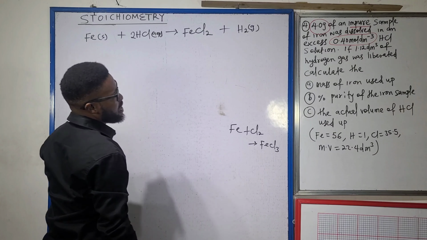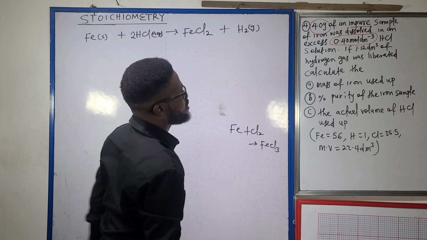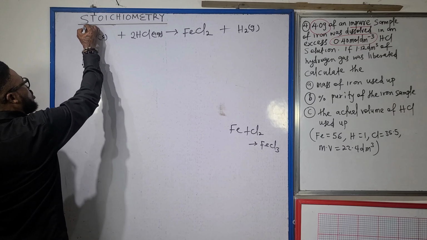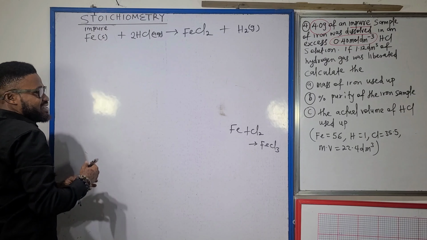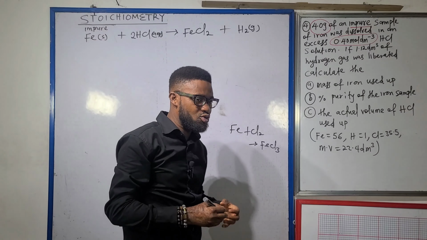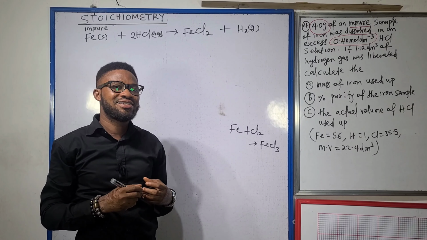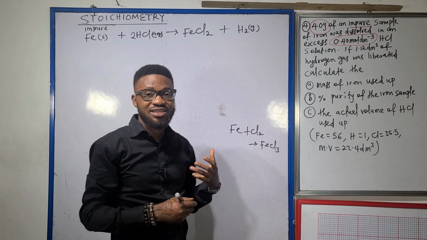Now that I've done this, I was told 4 gram of an impure sample of iron. Because this iron is impure, never forget that when something is impure, you cannot use it to calculate in stoichiometry.